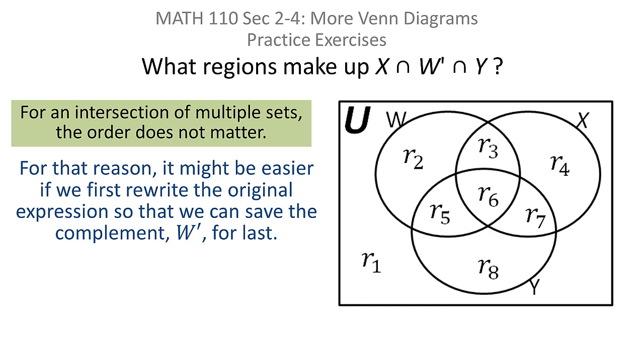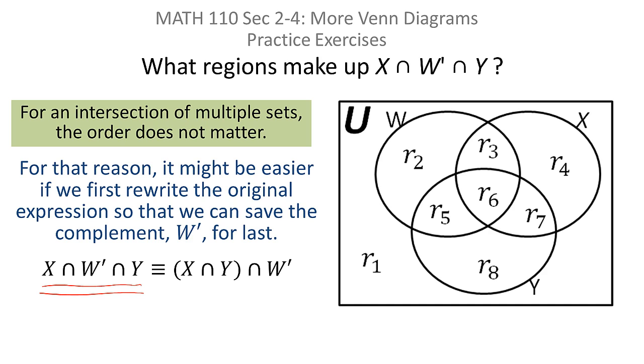That being true, I think I would take the W complement to the end and do it last. So instead of doing it in the order written, since it's all intersections, I can put the order any way I want. I choose to take the X and the Y first.